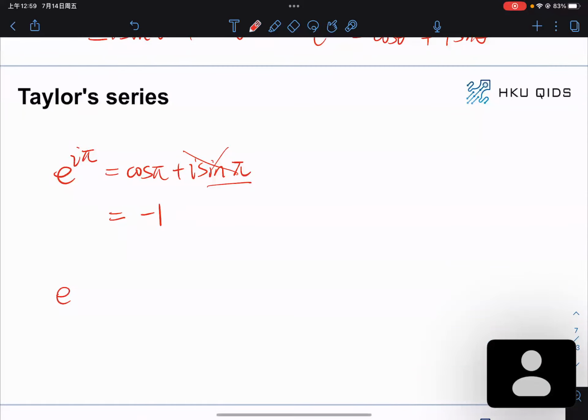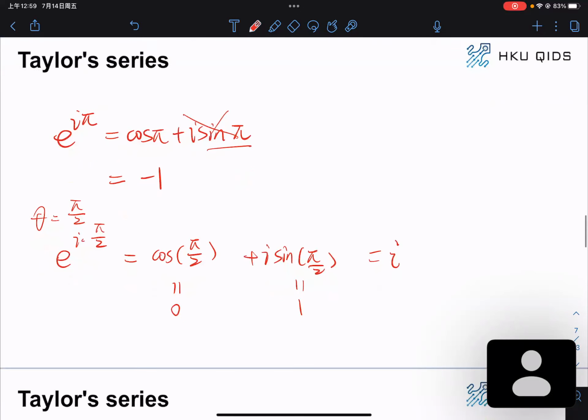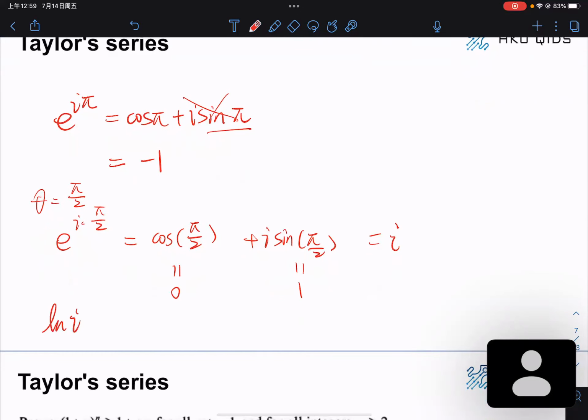And let's say theta is equal to pi over 2, then e^(i times pi over 2) is going to be cosine pi over 2, which is equal to 0, plus i sine pi over 2, which is equal to 1, so it equals i. So log of i is going to be what? It's going to be log of e^(i times pi over 2), which is going to be i multiplied by pi over 2, right?